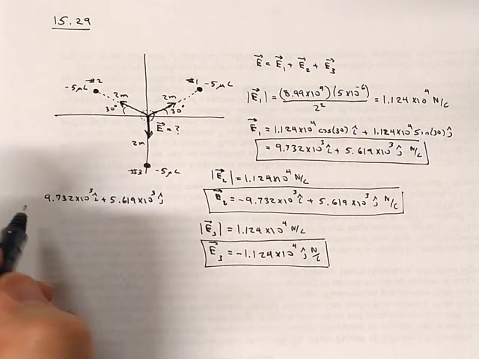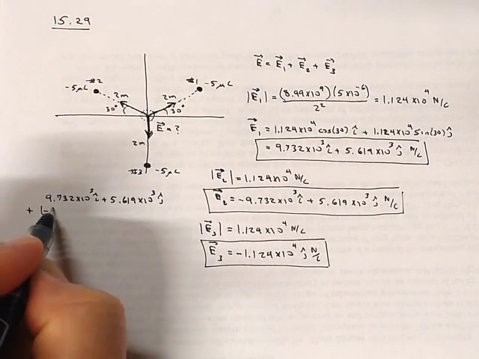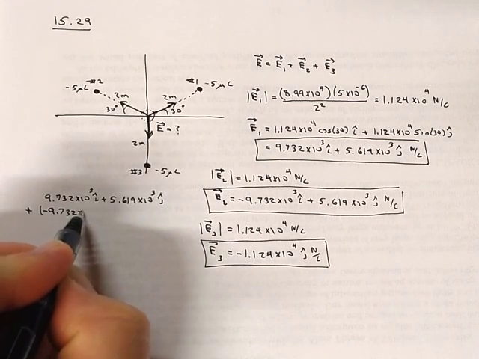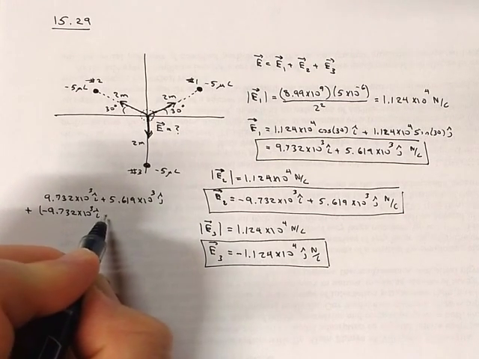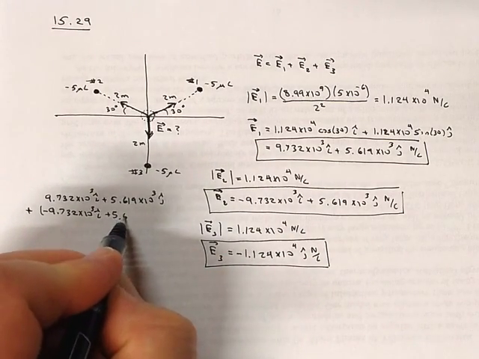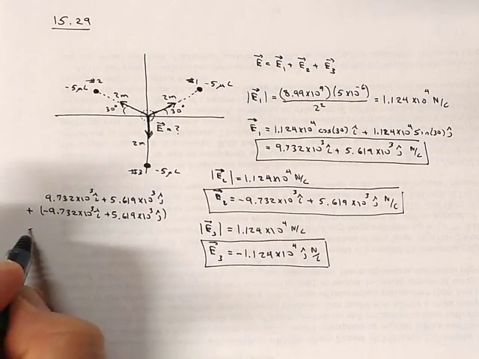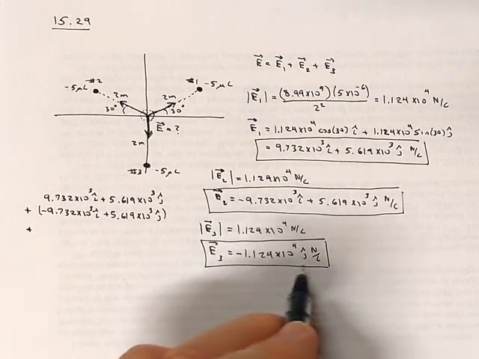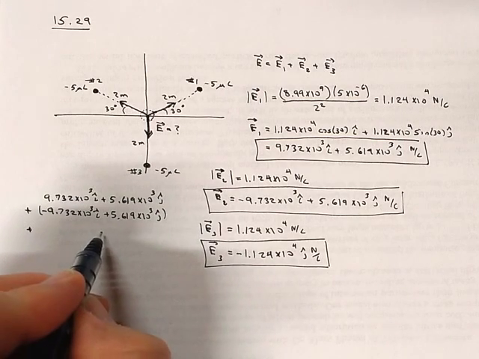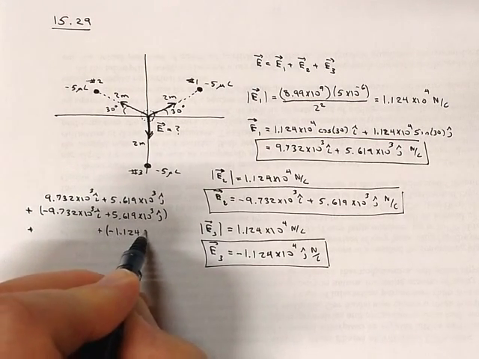And then plus, let me add the second one, minus 9.732 times 10 to the 3rd i plus 5.619 times 10 to the 3rd j. And then the last one here has no x component, but the y component is minus 1.124 times 10 to the 4th j.